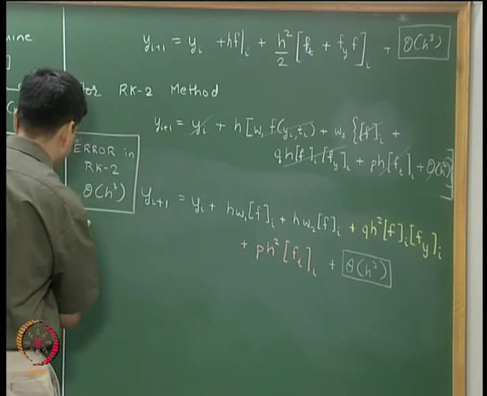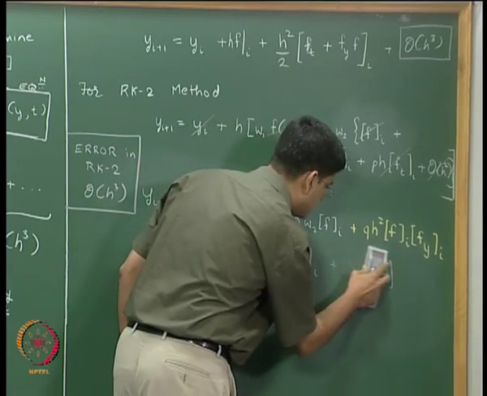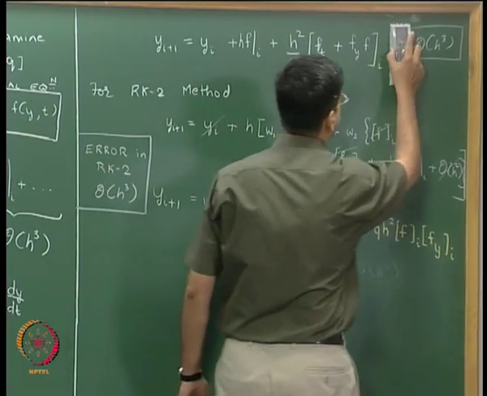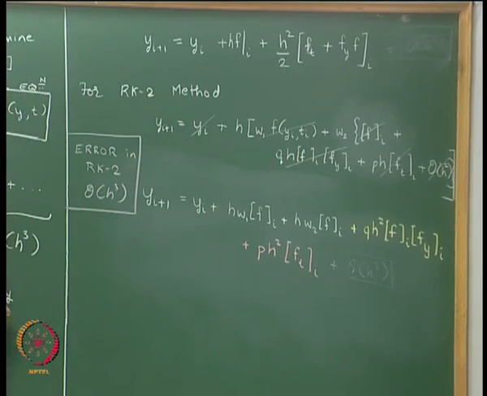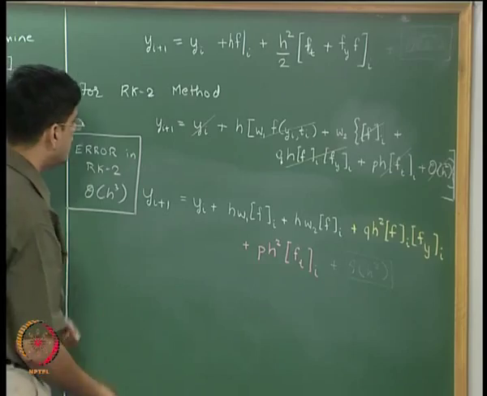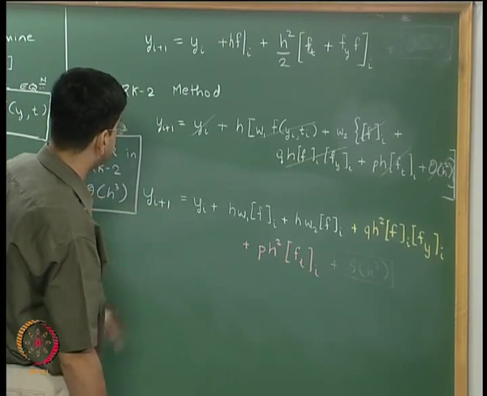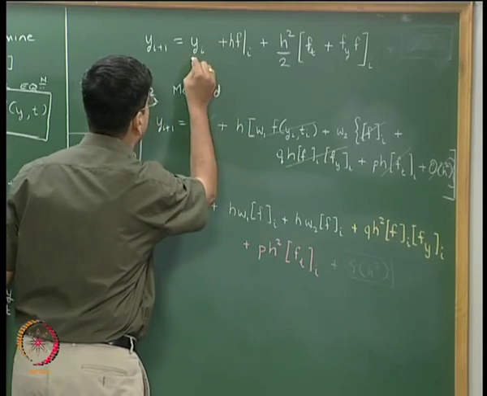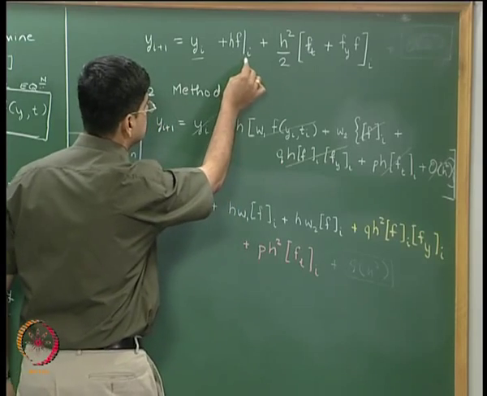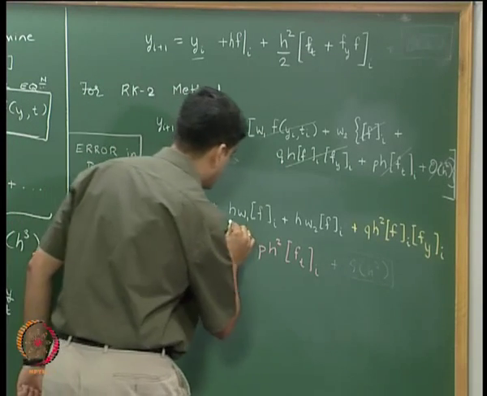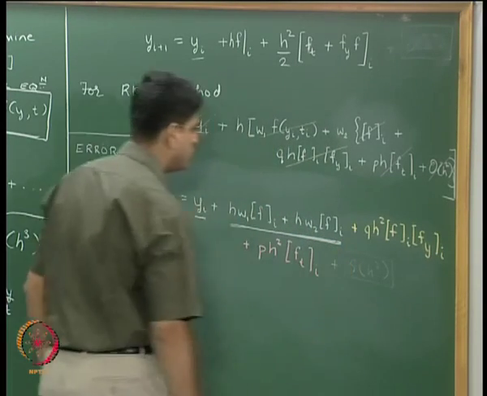We will keep this information for future, and right now we are not going to worry about this particular term. So I will just erase this slightly so that it is not very visible. It's there on the board, but we don't have to worry too much about it. Now we are going to compare the individual terms in this expression and in this expression. These terms are the same, we don't have to worry about it. Now there is a term in h multiplied by f_i, and the terms in h f_i are basically these terms over here.